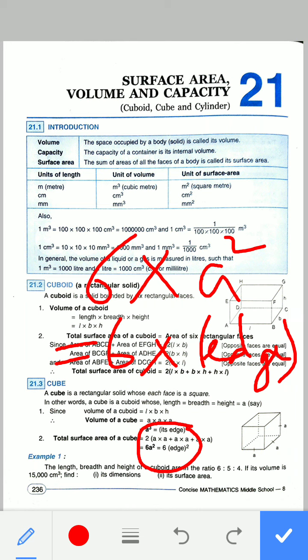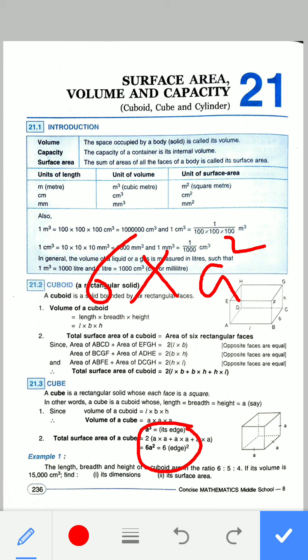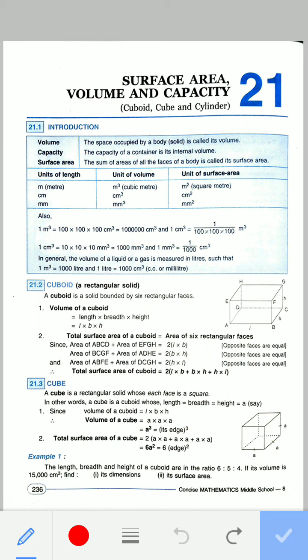So in this video I have discussed the volume and total surface area of a cuboid and cube. You have to remember all these formulas. These formulas are very important.